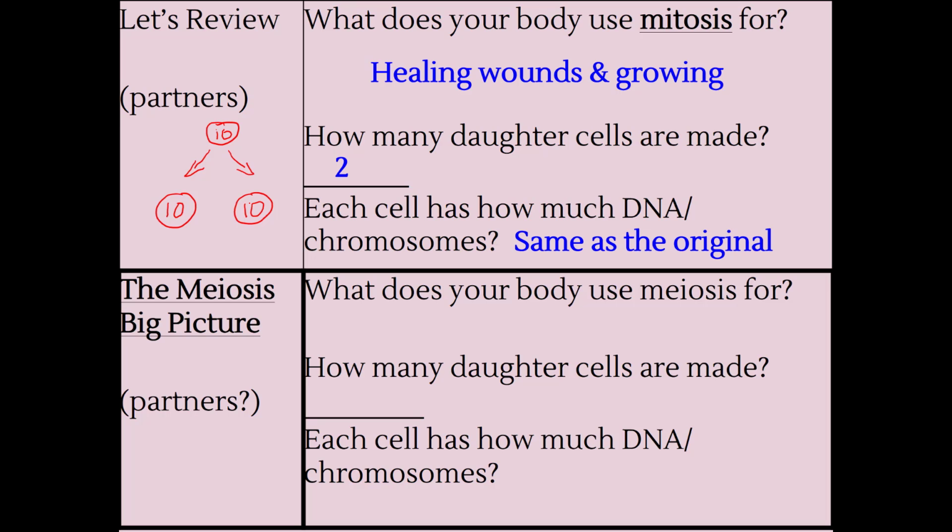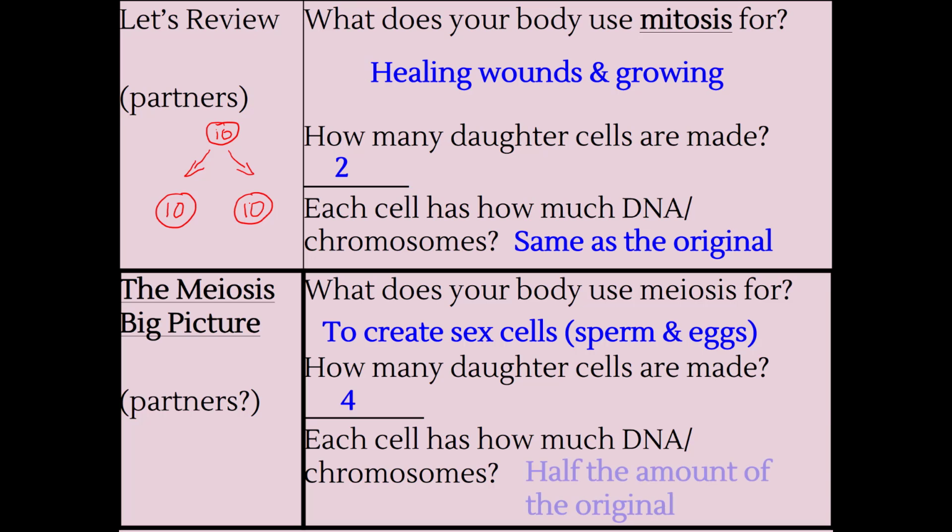Now, meiosis, we started talking about this yesterday. Meiosis is, instead of making body cells, we are going to be creating sex cells. Those are our sperm and egg cells. At the end of meiosis, we are going to be making 4 new cells. And again, since they're sex cells, instead of having the same as the original, we're going to have half of the amount.